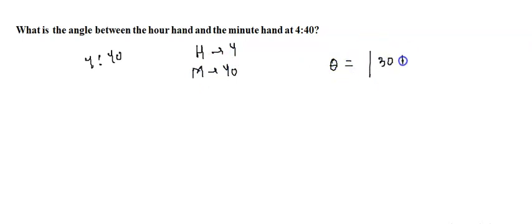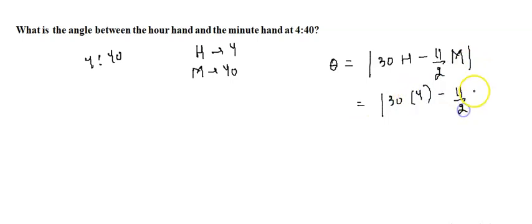Suppose the question is, what is the angle between the hour hand and minute hand at 4:40? So we can say the value of H is 4 and the value of M is 40 here. We know that theta can be calculated as 30H minus 11 by 2 M. Just substitute these values: 30 into 4 minus 11 by 2 into 40.